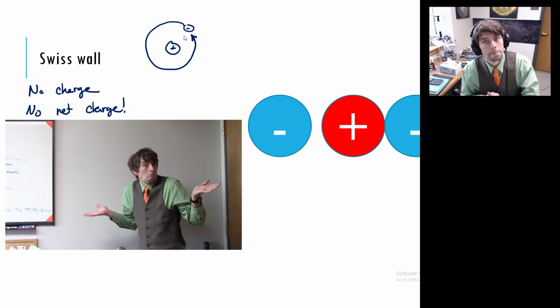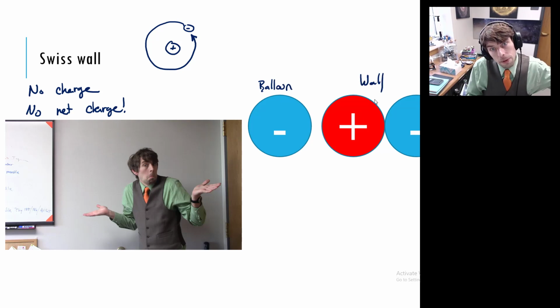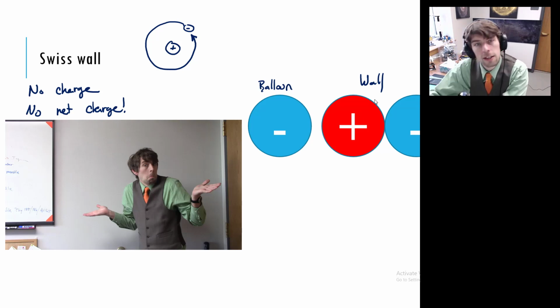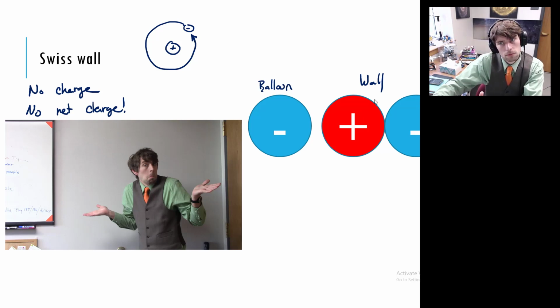Now, we think of the electrons as moving. Usually with the wall, something solid, we think of those protons as being locked into place. So when we bring that balloon in, we're really repelling the electrons in the wall, just a little bit.